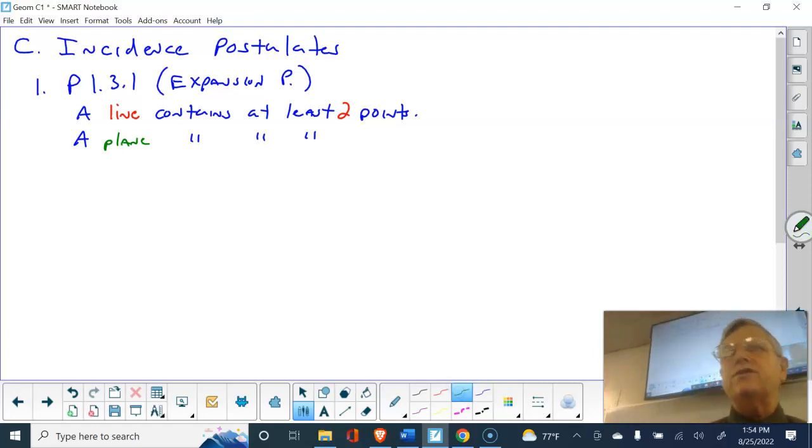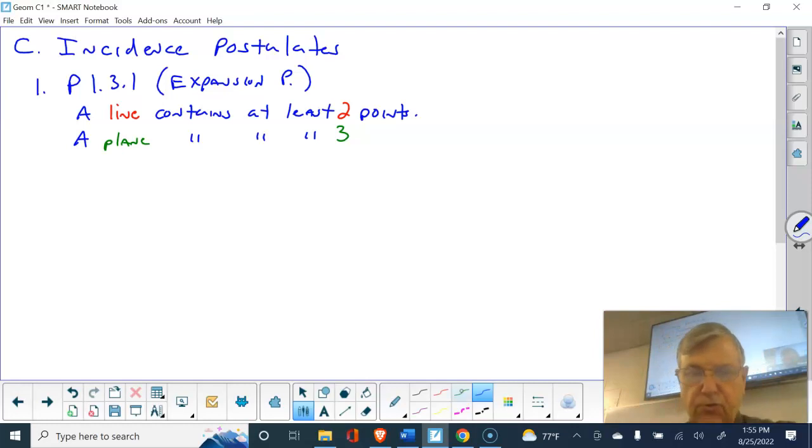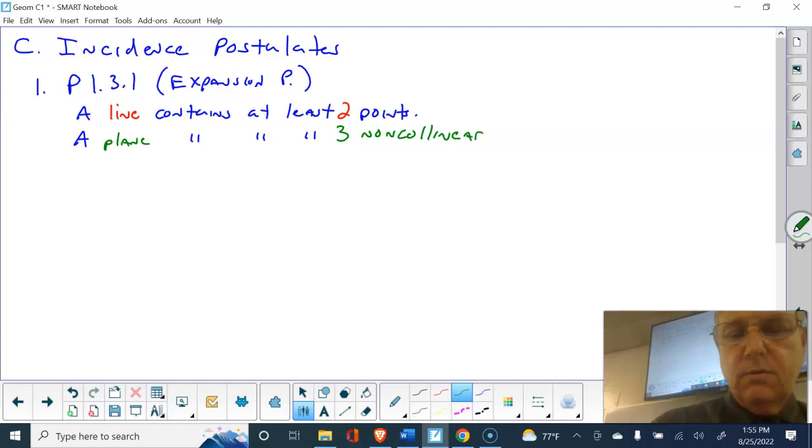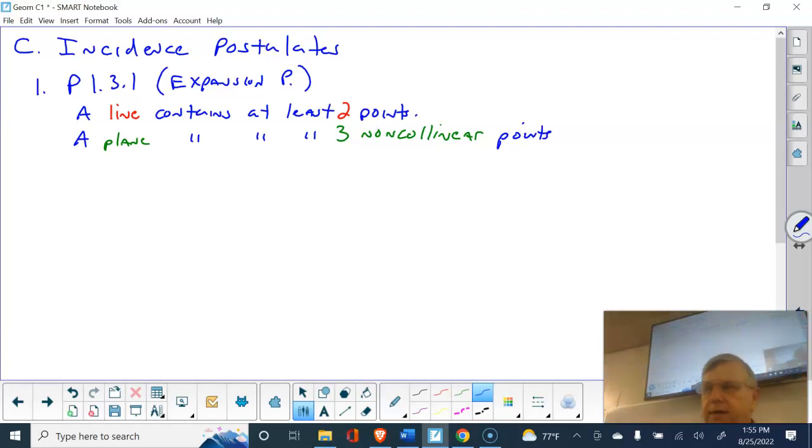But how many points does it take to determine a plane? 3. So now we're up to 3. But now we got to add a little bit more, so keep your green. 3 non-collinear. And then finish off in blue, points. So a plane contains at least 3 non-collinear points.